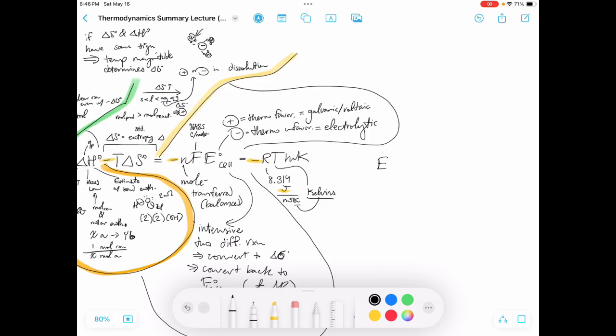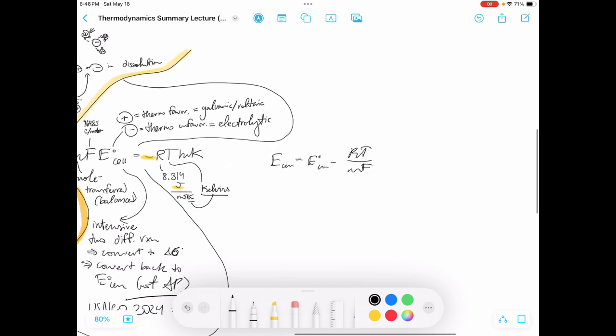So E cell equals E naught cell minus RT over nF natural log of Q. Okay, so in AP, you won't have to do calculations with this, but you will have to understand it conceptually.